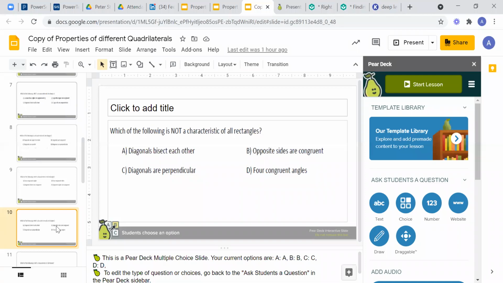B. In a rectangle, opposite sides are congruent. So B is right. And they said which of the following is not. We are looking for the wrong answer here. B is right. So pick another one.